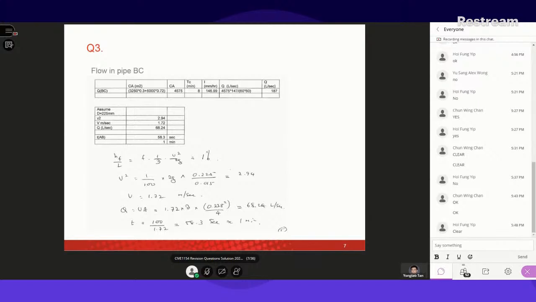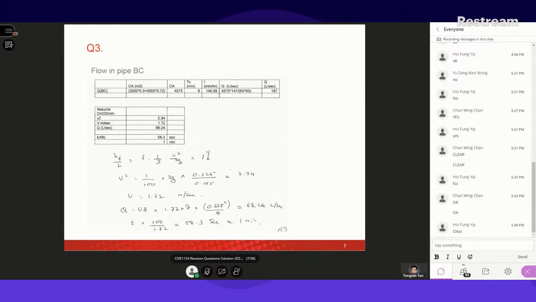Okay, great. Let's make a summary. So for the rational method actually, you need to be clear about the contributions of the subcatchment for each pit. So which subcatchment contributes to the pit, and also for the pipe size also.